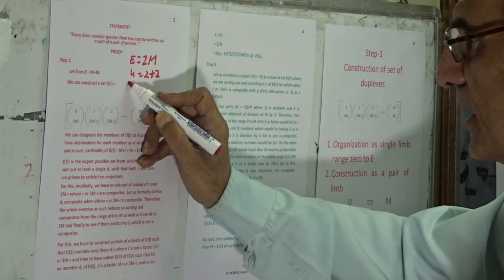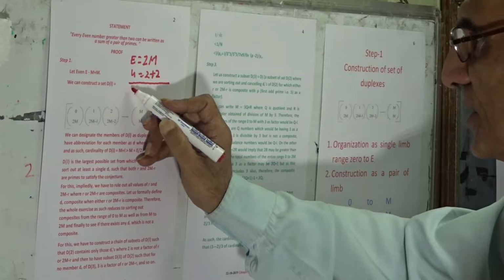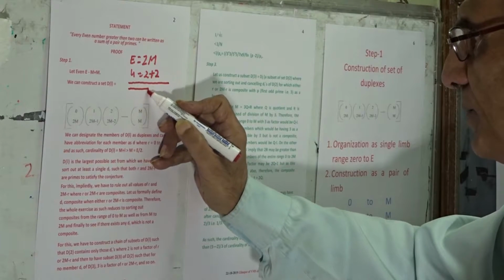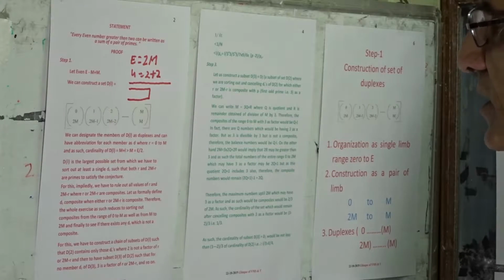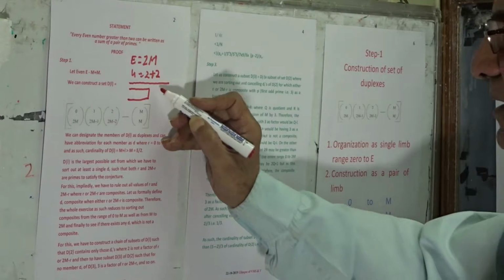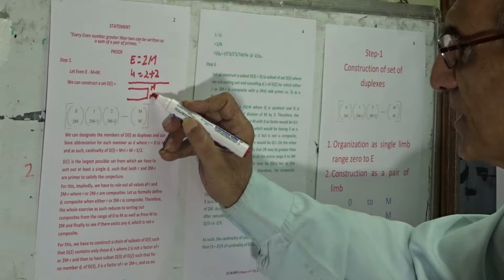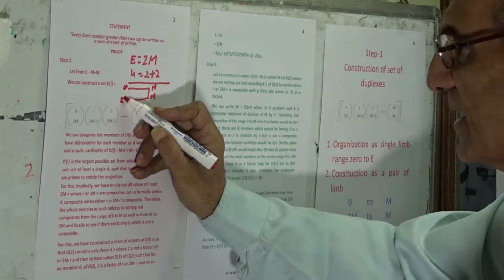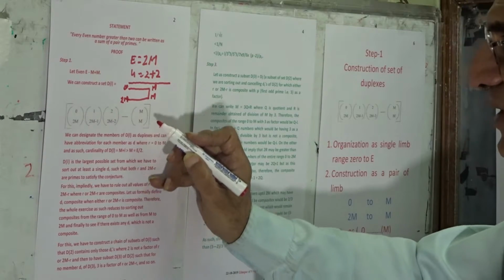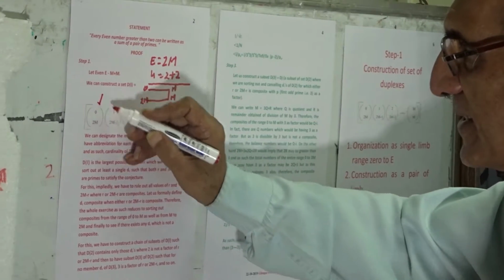We had organized single limb organization into a pair of limbs organization. Further, we had availed the middle for its repeated presence in the first limb as well as in the second limb. With it, we have been successful to construct duplexes.